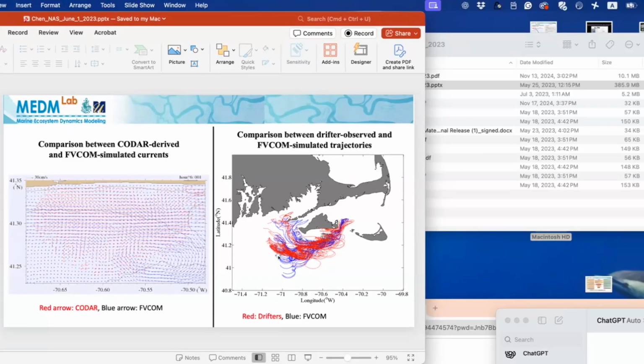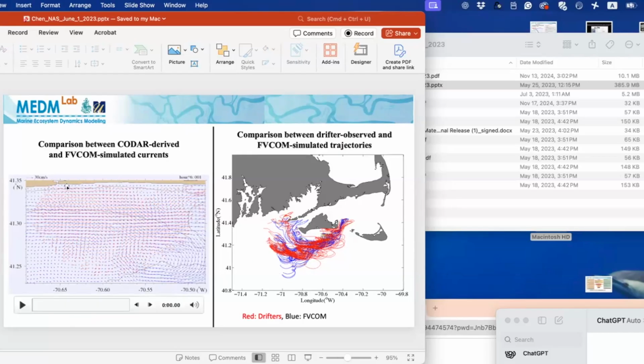The model trajectory is so diverse, but the real trajectory looks like a group going this way. In this way you can test your model's horizontal diffusion, and here it is overestimated.